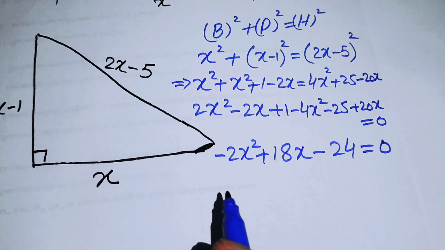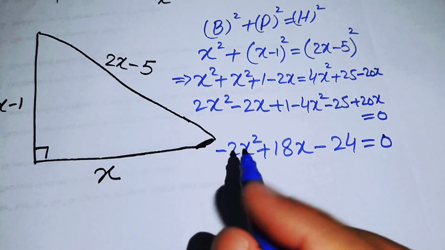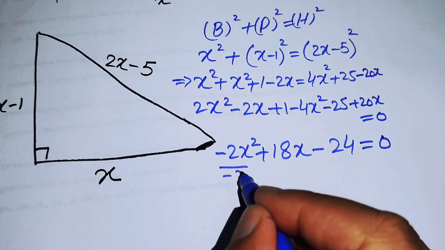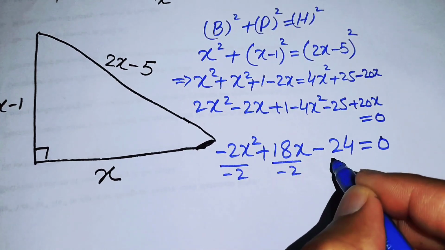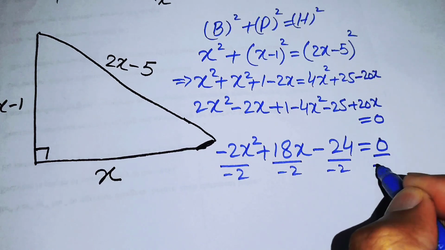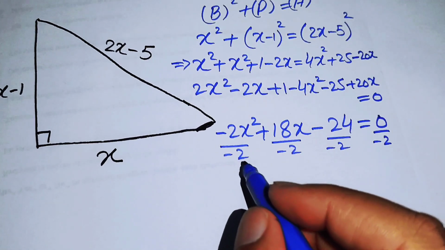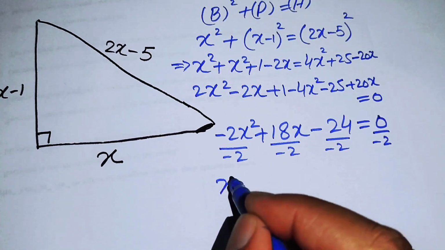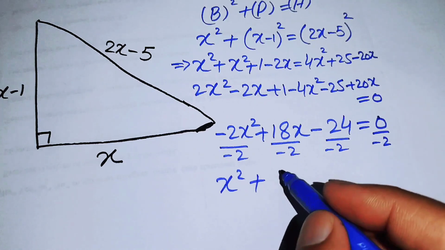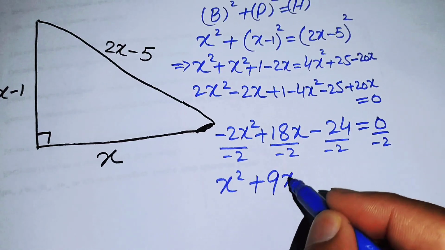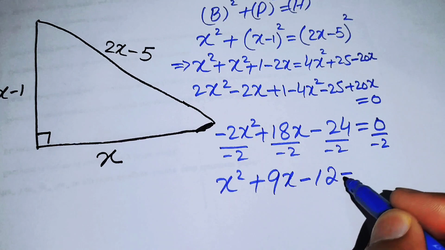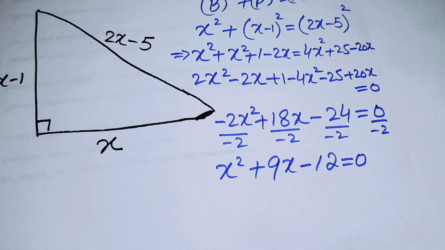Here you see that minus 2 is the common term, so we will divide each term on both sides by minus 2, and you obtain x square plus 9x minus 12 is equal to 0. So this becomes the quadratic equation, and now we will solve it.